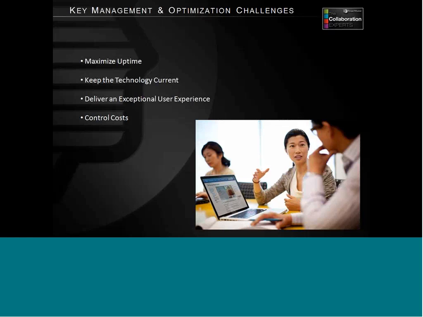The third challenge is to deliver an exceptional user experience. And of course this is key to IT departments in every company, because generally speaking, the experience that your users get of you is when they have a problem. It's the downside of being in IT within a corporate environment, is the fact that you do all these wonderful things from a solution perspective, from a tools perspective, you deliver them more, but ultimately they judge you based on their experience when you have a problem.